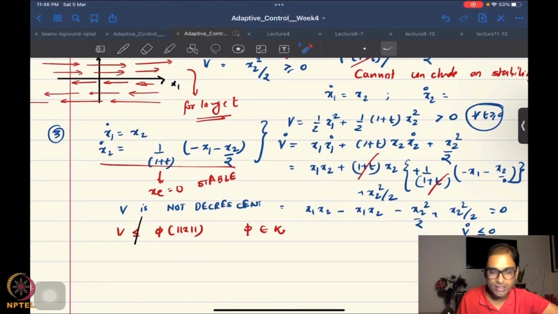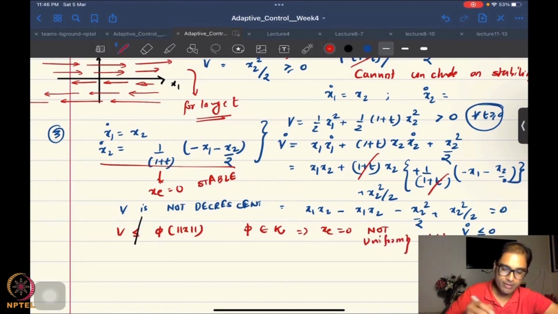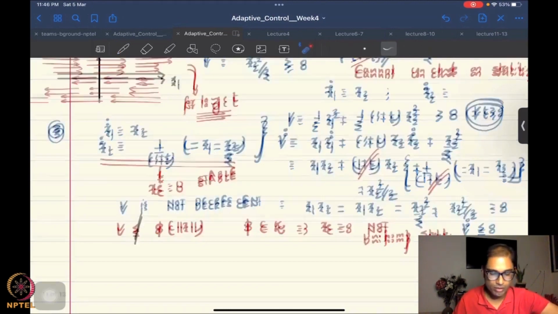So V is not decrescent, and therefore this implies xe equal to 0 is not uniformly stable. All right, it's not uniformly stable.